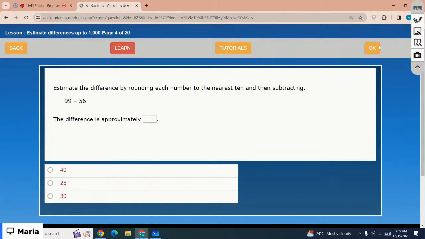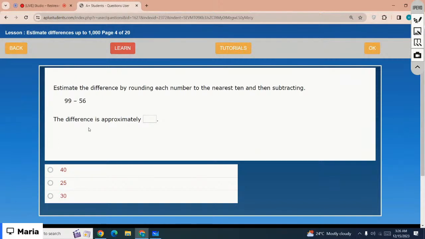Estimate the difference by rounding each number to the nearest 10 and then subtract. 99 minus 56: 99 is rounded to 100 and 56 is rounded to 60, right?